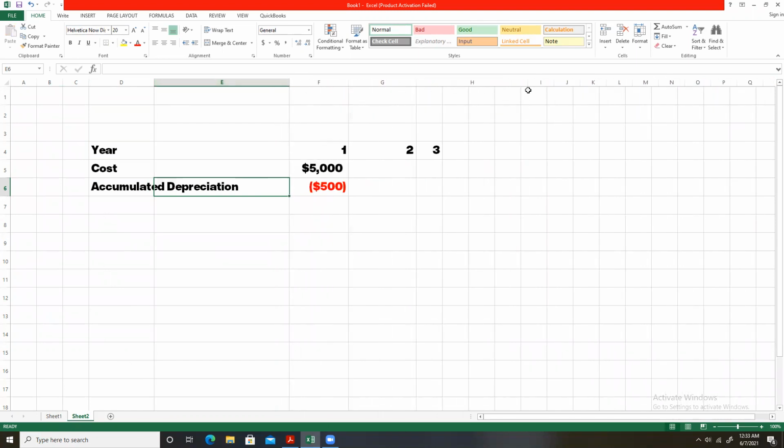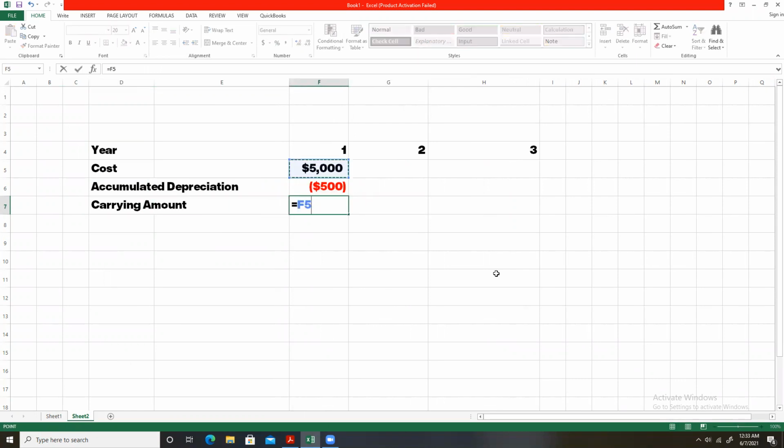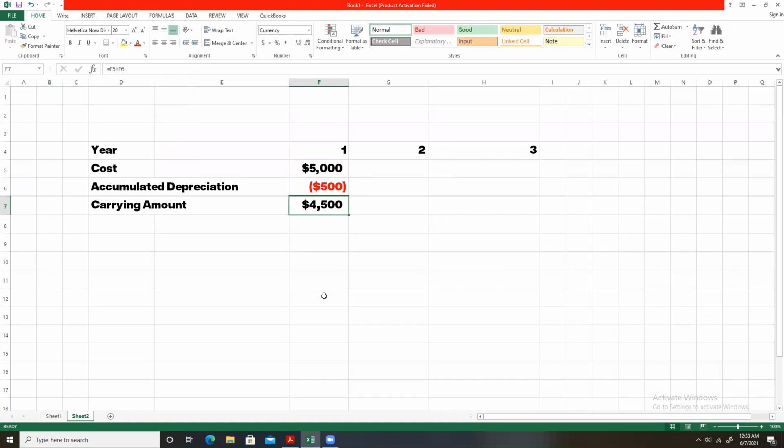In the first year, the accumulated depreciation is 500, so the carrying amount, the net value of the asset, also called the written down value or the book value of the asset, at the end of the first year will be $4,500. That is the $5,000 cost less $500 accumulated depreciation.